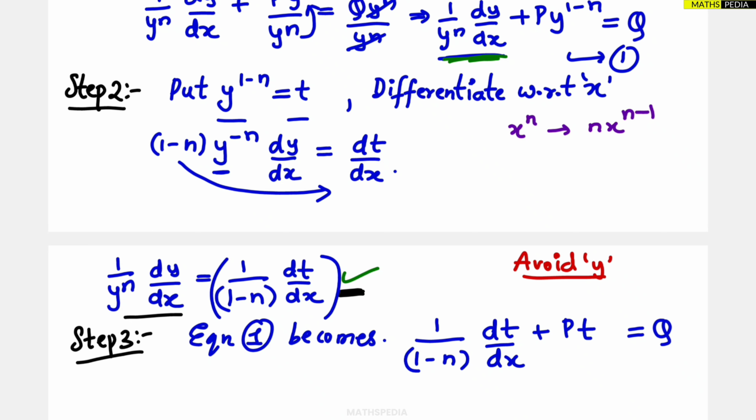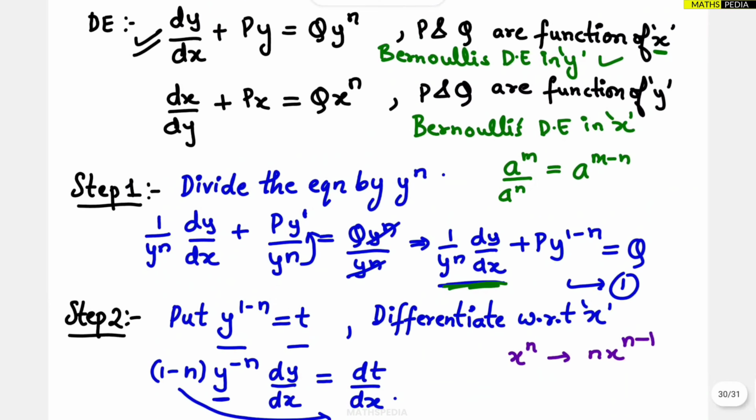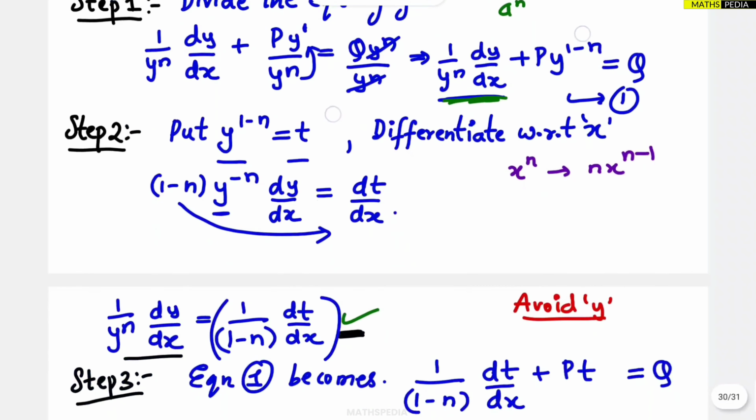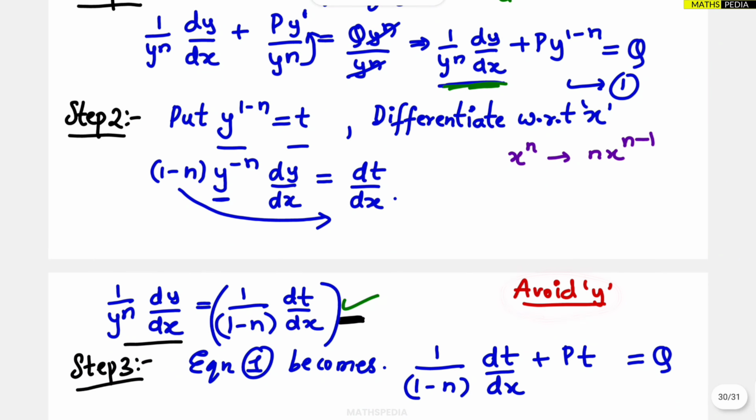So in this equation there is no y variable. We are dealing with Bernoulli's equation in y, and we are avoiding the y variable itself.